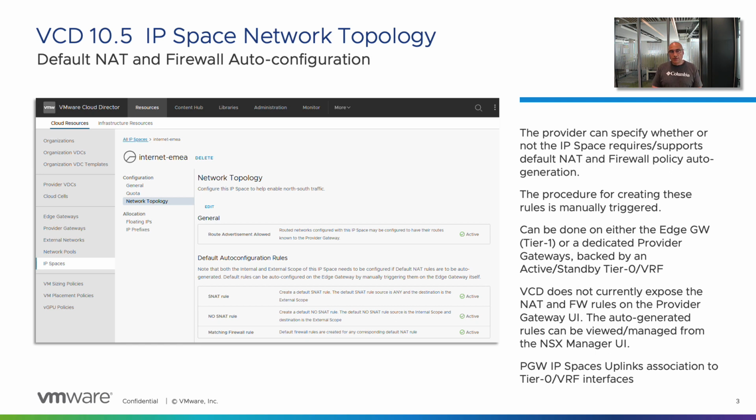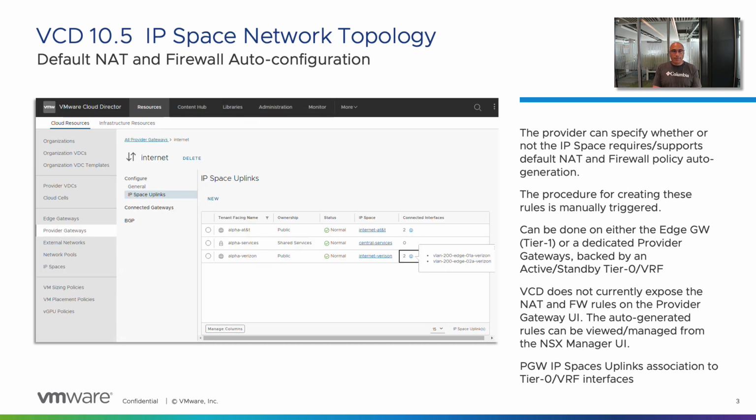Of course, when you do that on the private provider gateway, the NAT and firewall rules that are configured are currently not visible in VCD. They are visible only from NSX, and that's something we are going to improve in future releases.